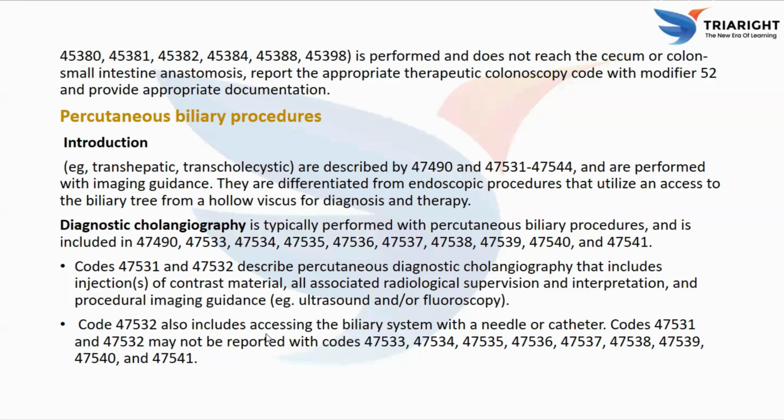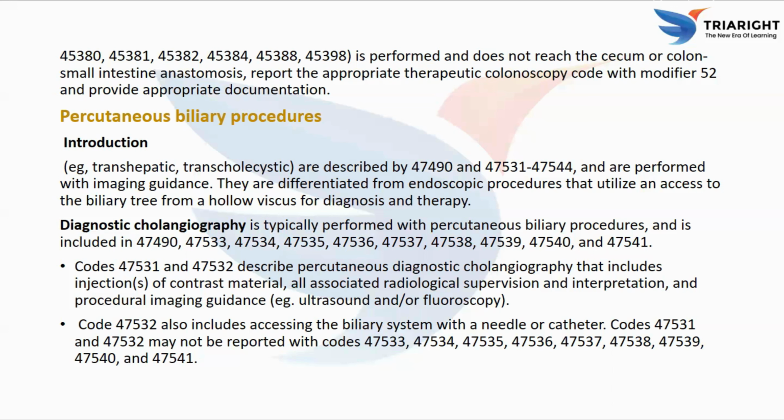So what are the special rules applied for these codes? What do these codes represent? 47531 is for percutaneous diagnostic cholangiography and 47532 is for percutaneous diagnostic cholangiography with access to the biliary system with the help of a needle or catheter. What are the included services here?